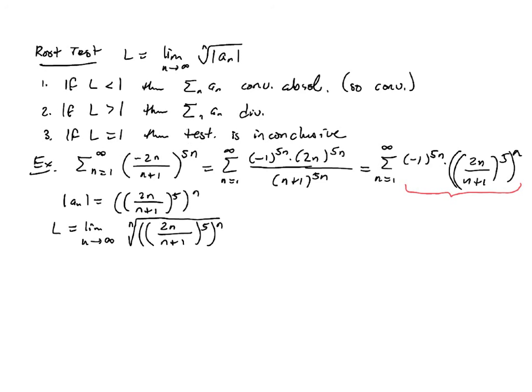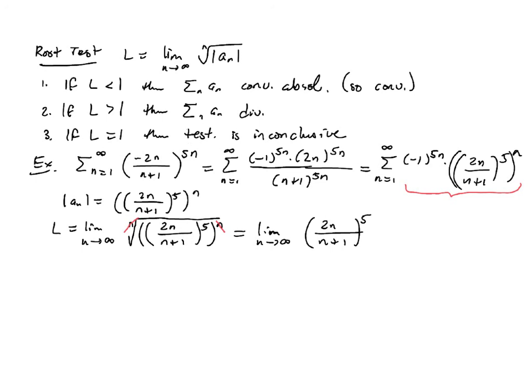The key point is that this n gets canceled out by the nth root because I have positive things inside the root. And so we end up with L equaling the limit as n goes to infinity of 2n over n plus 1 to the 5. And this is much simpler to compute.